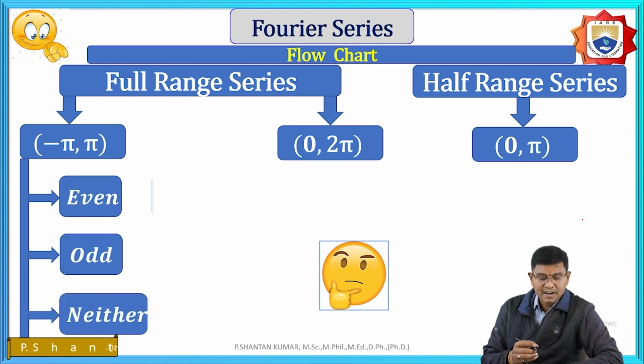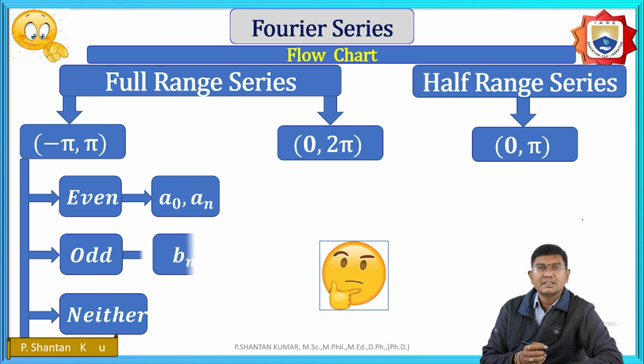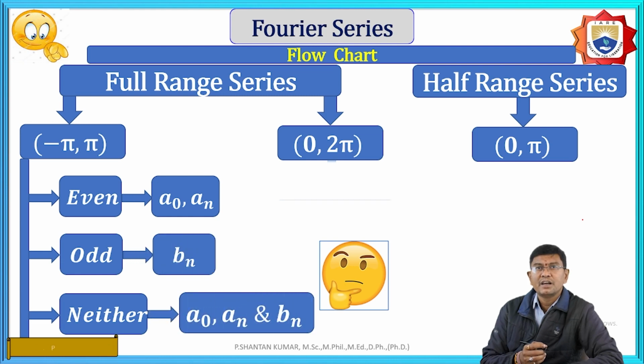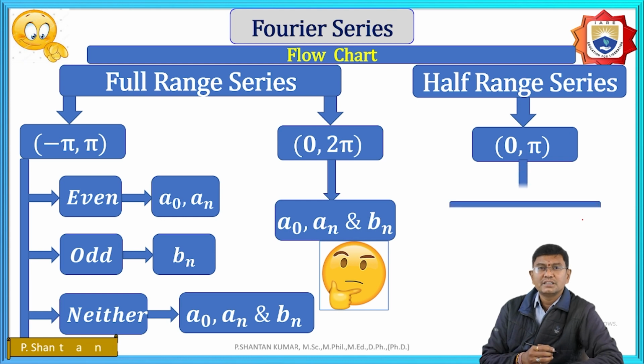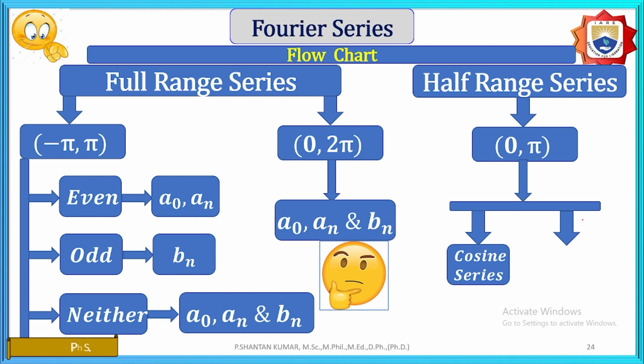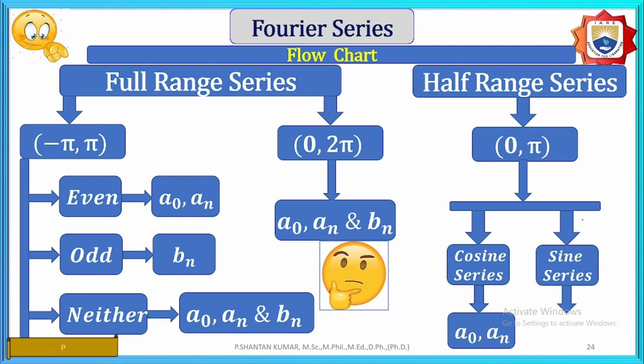Even is a naught and an, odd is bn, neither is a naught, an, bn. And for 0 to pi, it is the cosine series, a naught and an, and also the sine series, which is the bn series. We keep this in mind while we calculate the Fourier series.